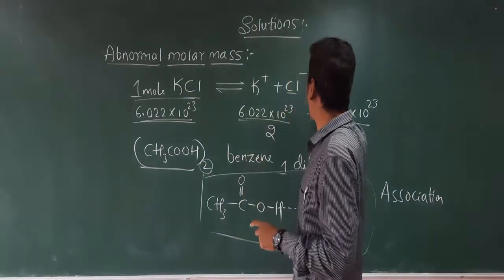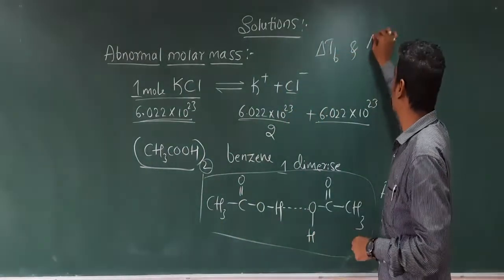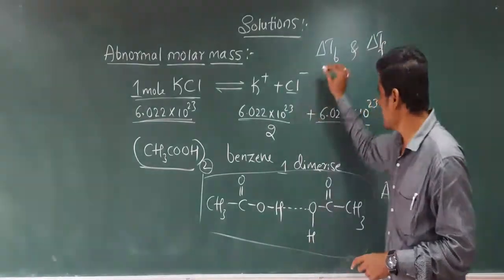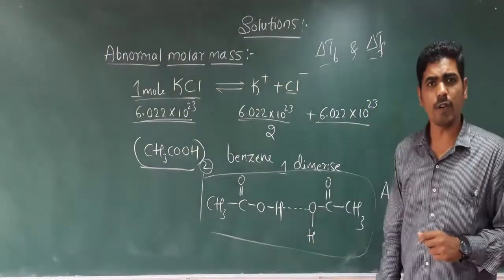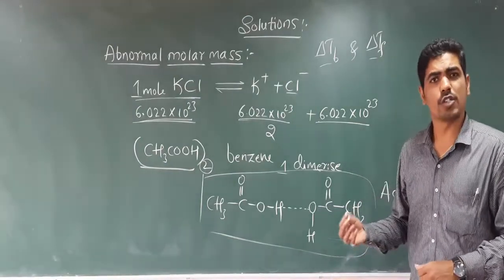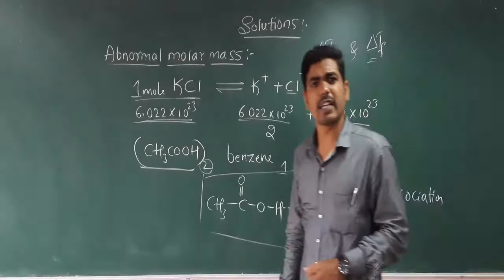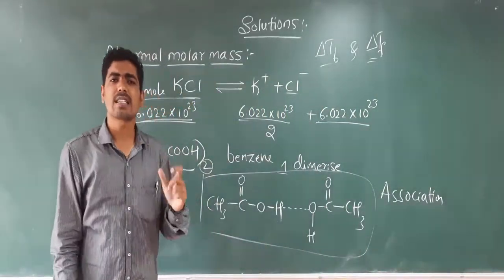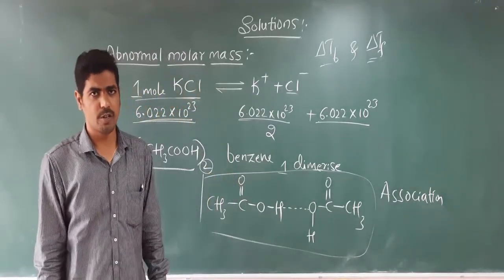The values of delta TB, that is elevation of boiling point, and delta TF, depression of freezing point, will alter due to the change in the number of particles, and hence the molar mass of the solute, which is calculated using these colligative properties, has different values compared to the actual value of the molar mass of the solute.